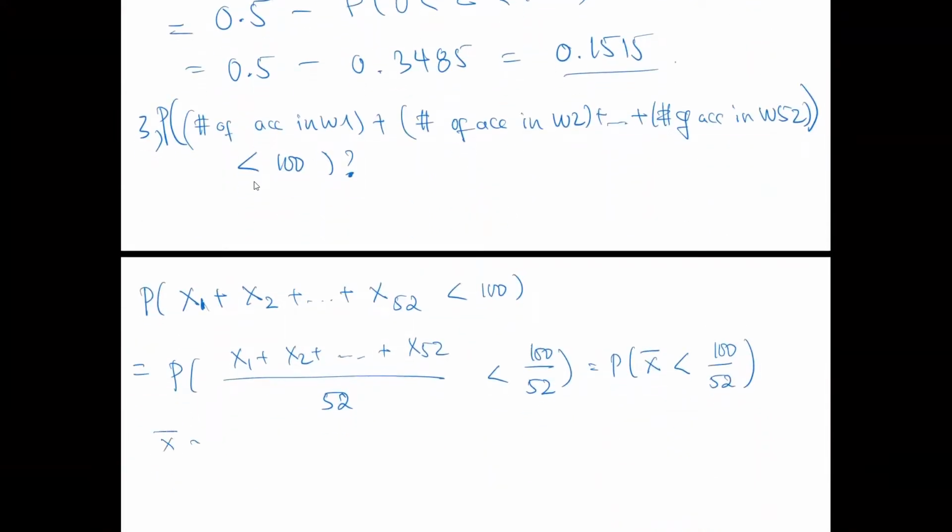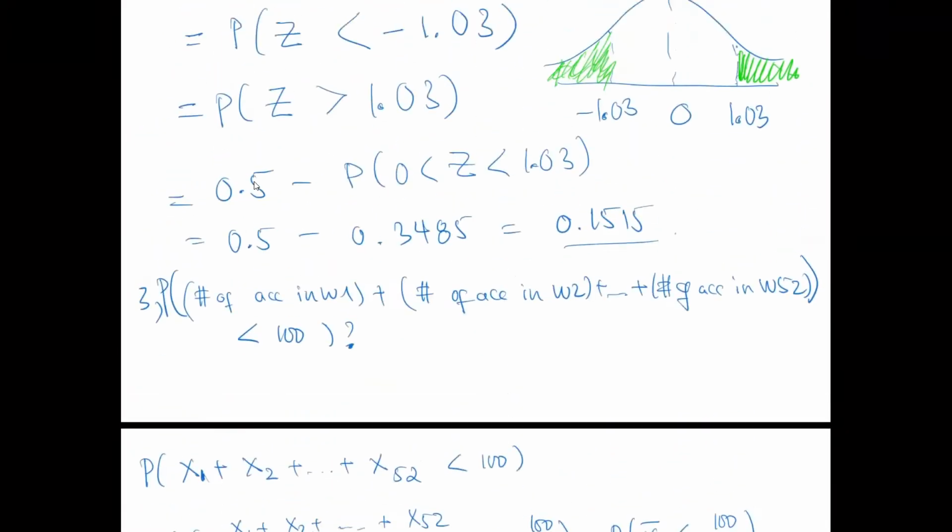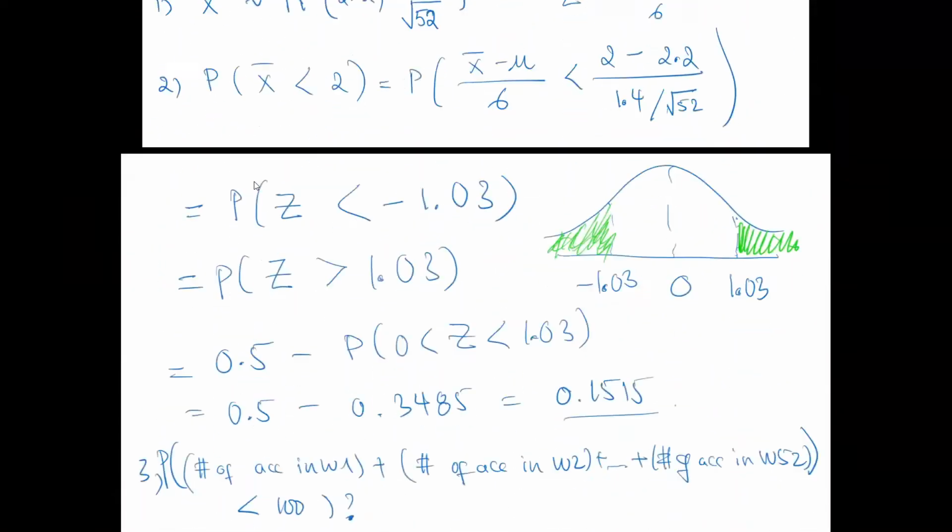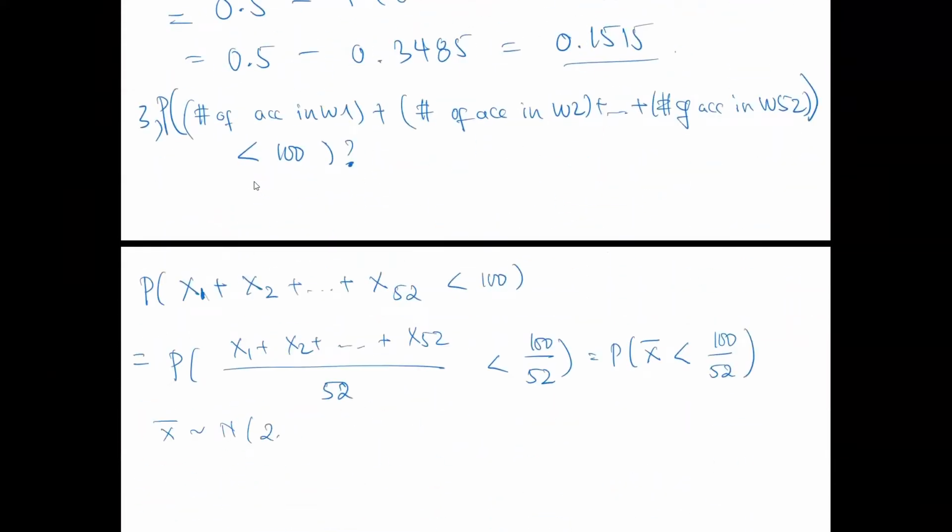So now recall that X bar follows a normal distribution. The mean is 2.2 and the standard deviation is 1.4 divided by square root of 52.